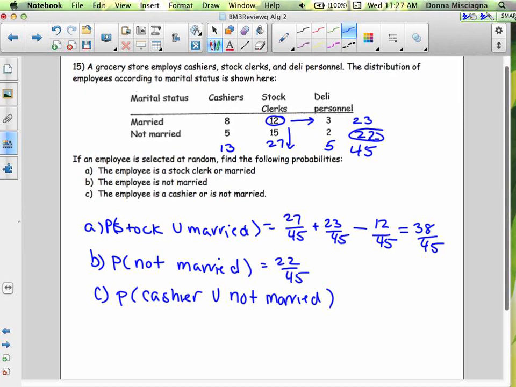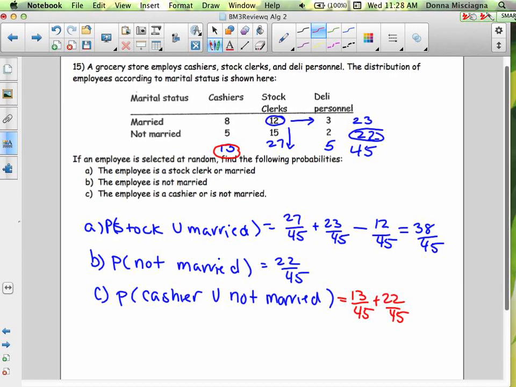All right, so the probability of cashier, there are 13 cashiers. So that would be 13 out of 45. And then not married, there are 22. We just added those up over there. 22 out of 45 are not married.